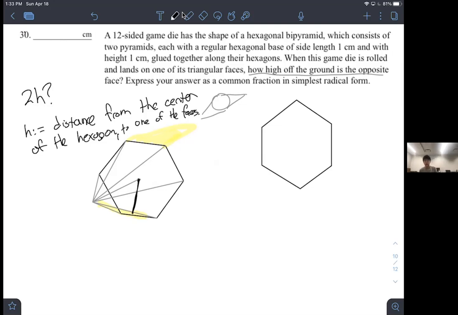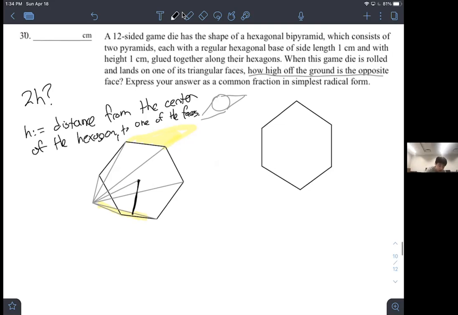Now we can use one of the best tricks in geometry, especially at the MathCounts and AMC level, which is calculating the volume of something in 2 ways. So now we're going to calculate the volume of this figure.